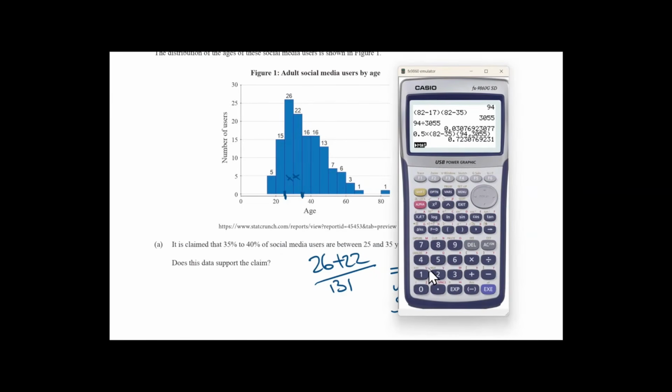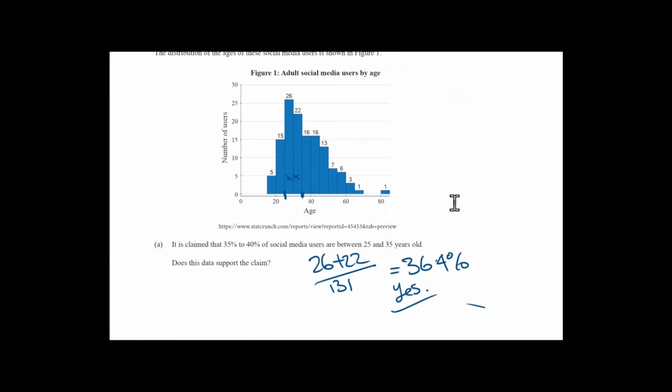Here it's going to be 16 plus 16 plus 13 plus 7 plus 6 plus 3 plus 1 plus 1. So 63 of those people are older than 35.